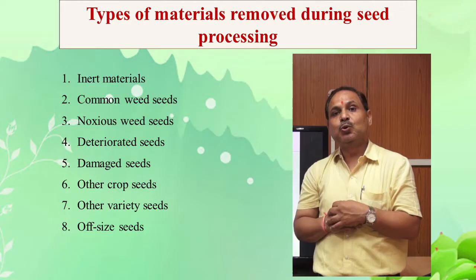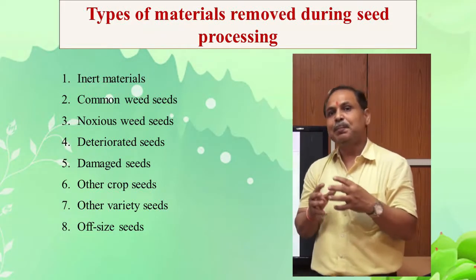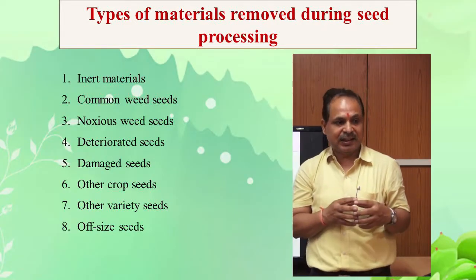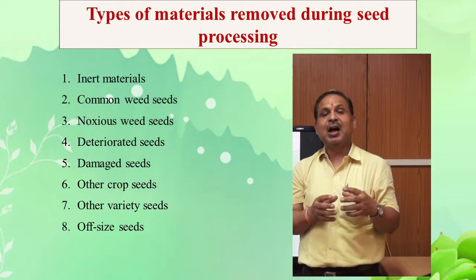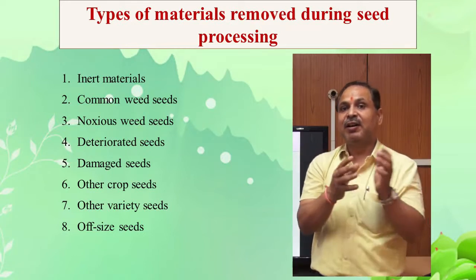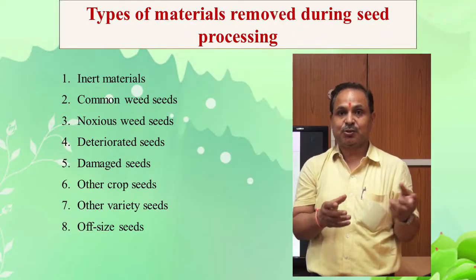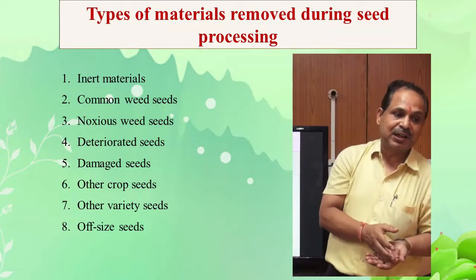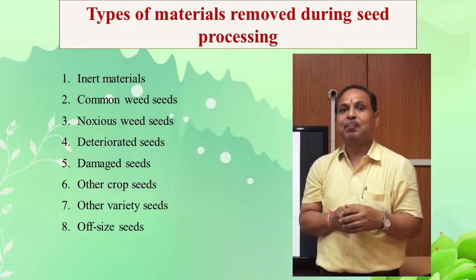Common weed seeds, those seeds which are legally proven as weeds, are considered in this category. Noxious weed seeds. Deteriorated seeds are those seeds which are deteriorated due to high moisture content. Fungus growth takes place, and discoloration of the seed coat also takes place, and ultimately the seed is deteriorated and not able to have proper germination.